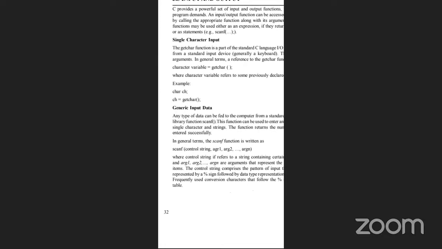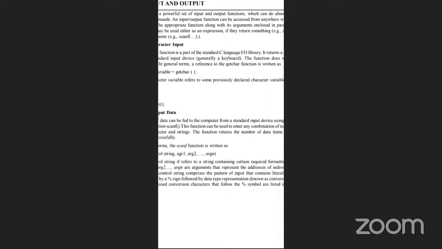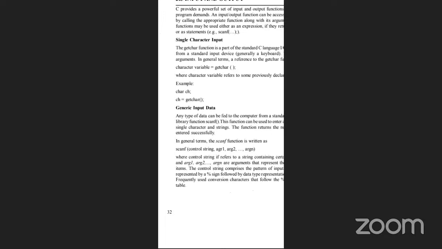In general terms, the scanf function is written as scanf(control string, arg1, arg2, ..., argn), where control string refers to a string containing certain required formatting information, and arg1, arg2, ..., argn are arguments that represent the addresses of individual input data.